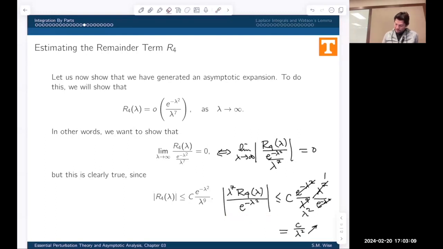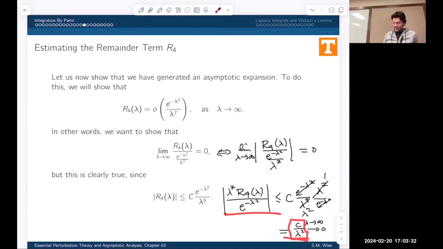This goes to 0 as lambda goes to infinity. Then that says that it's squishing this guy, squeezing that to 0. Okay, so notice I have a function which beats this function.